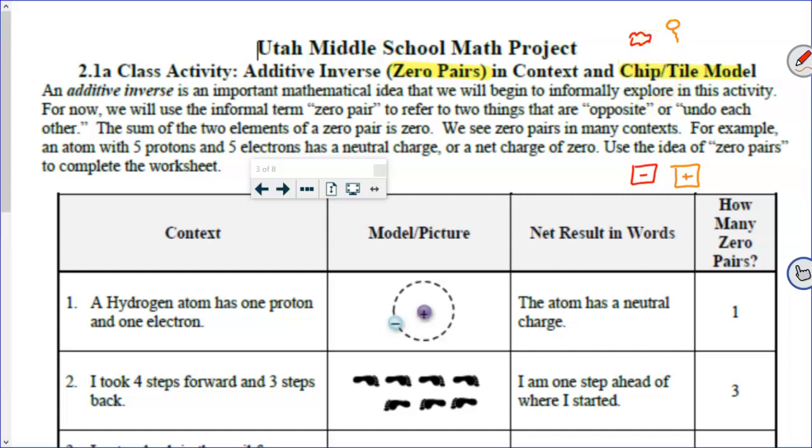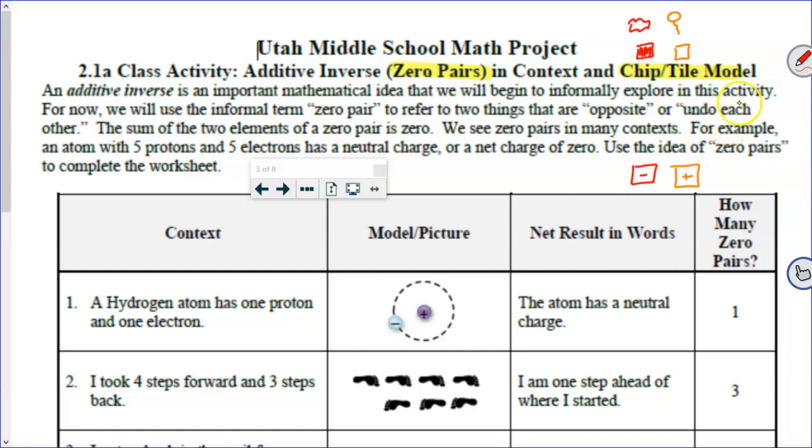Another option, later on in the unit, will have positives being just a square that's not filled in, it doesn't have any color to it, and negatives are going to be the same square but shaded in. So it's up to you how you want to do it.